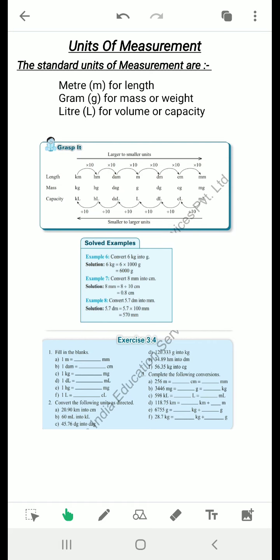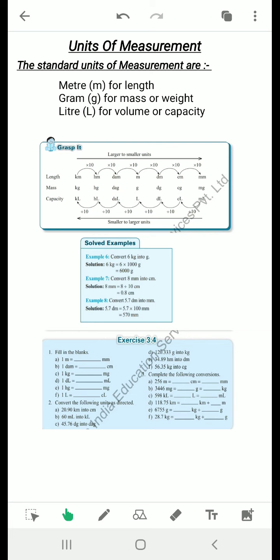Now, conversion of these units. How to convert a centimeter into kilometer, or hectometer into millimeter, or decameter into meter? So many things. How to convert these units into other units? If we need to convert any unit into any other unit, you need to keep only one point in mind.